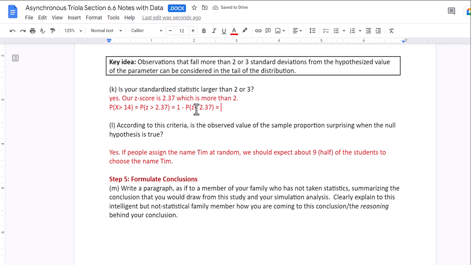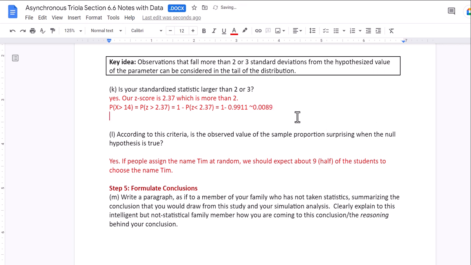So this will be 1 minus 0.9911. Do that on your calculator, which is approximately 0.0089. Rounding to 2 decimal places, this is approximately 0.01.